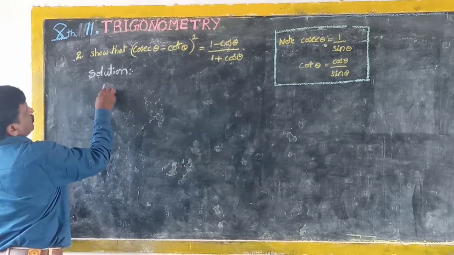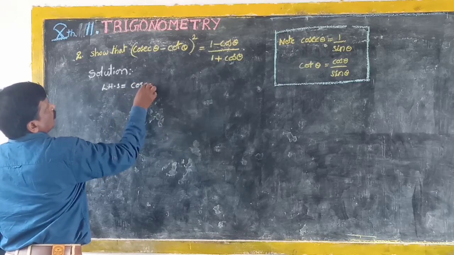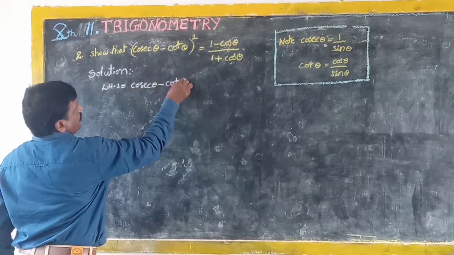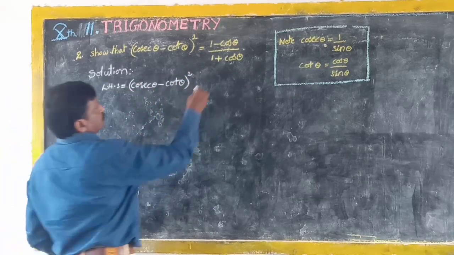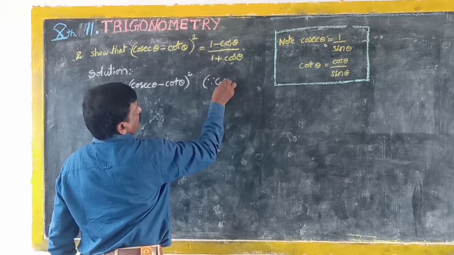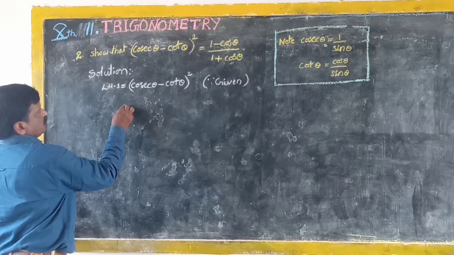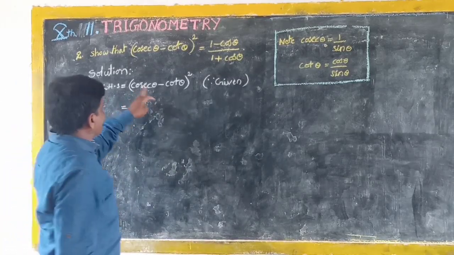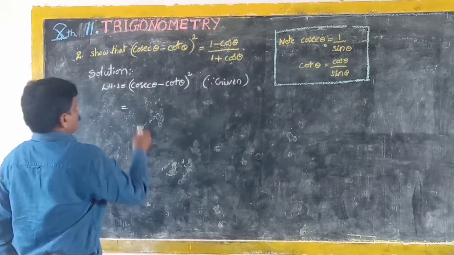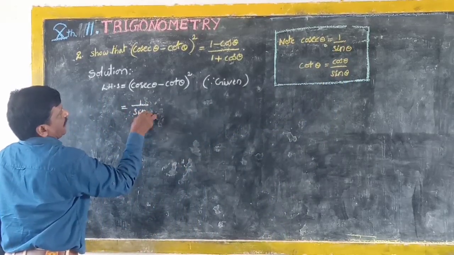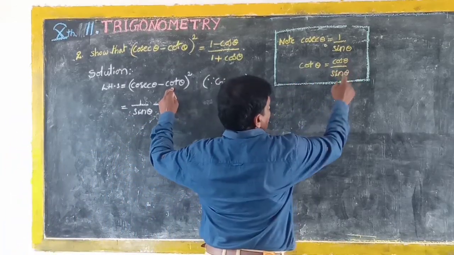Solution. LHS is equal to (cosecant theta minus cot theta) whole square. Cosecant theta is 1 by sin theta, minus cot theta. Cot theta is equal to cos theta by sin theta.